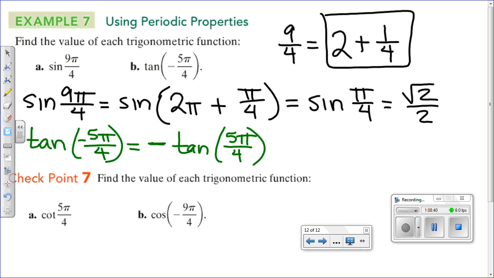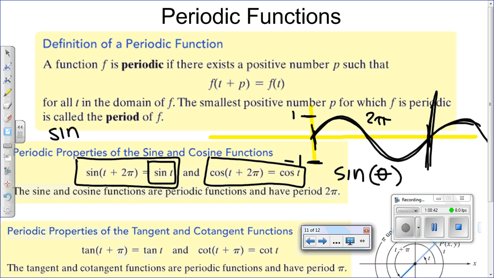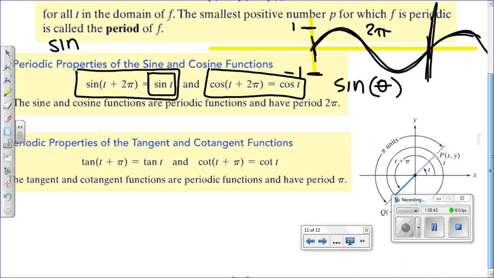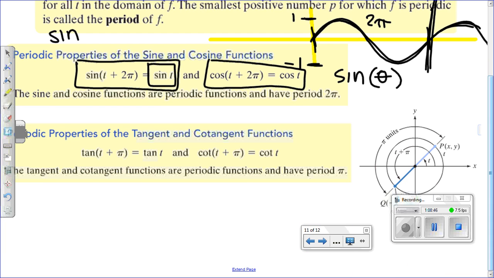Now I need to go back to the slide because I forgot to mention something. The period for tangent is not 2 pi. It's actually pi. We'll learn why later on. And so, for example, if you have an angle here at pi over 4, and then you add another pi, you're adding 4 pi over 4 plus pi over 4.